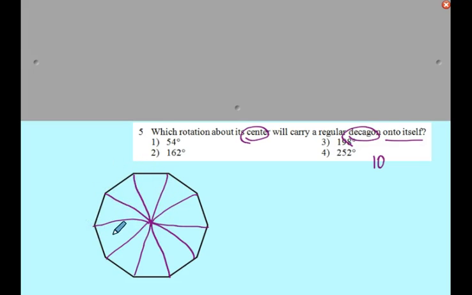If you remember that the number of sides, 10, is the same as number of central angles formed inside this figure around the center. And the central angles all will be equal because we are talking about a regular decagon where all sides are equal.